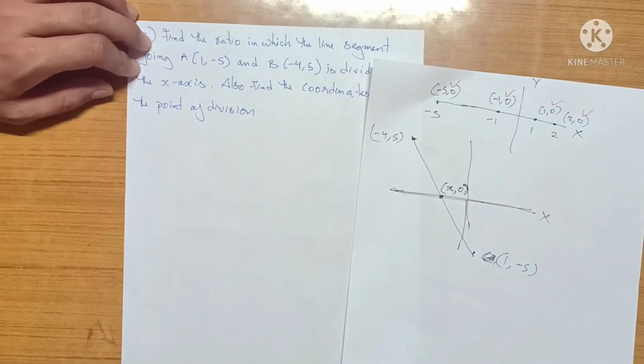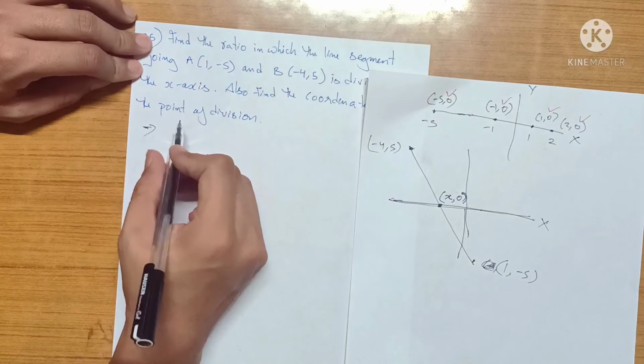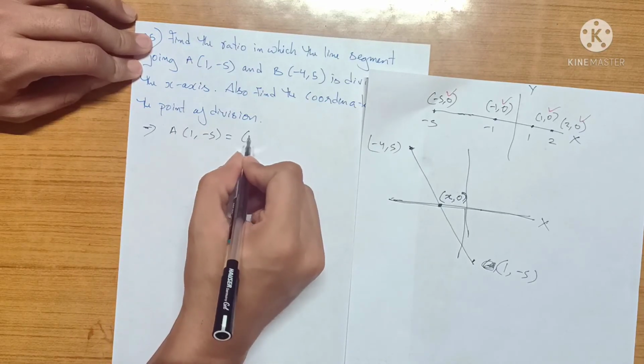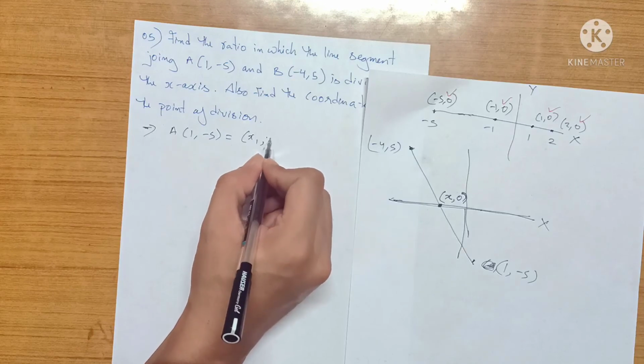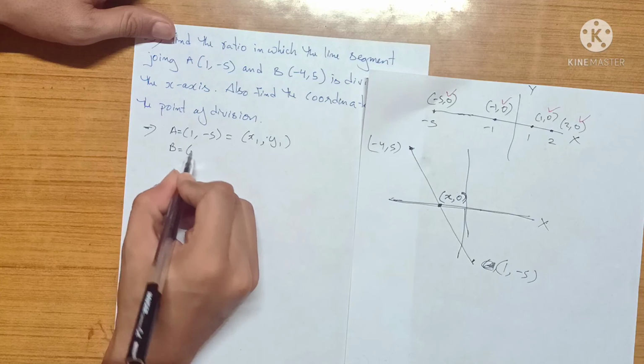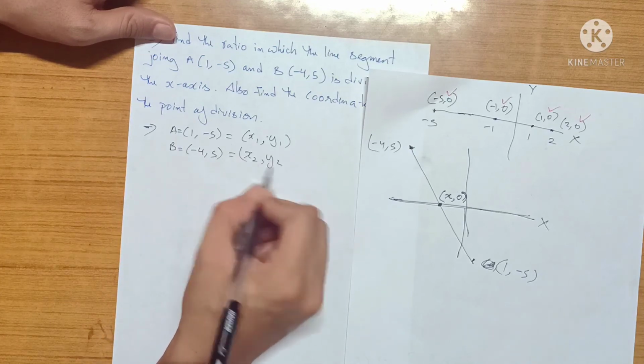A is already given, which means A is (1, -5), x1, y1. I'll write it like this so that you get an idea of which is which. And then B is (-4, 5), x2, y2.